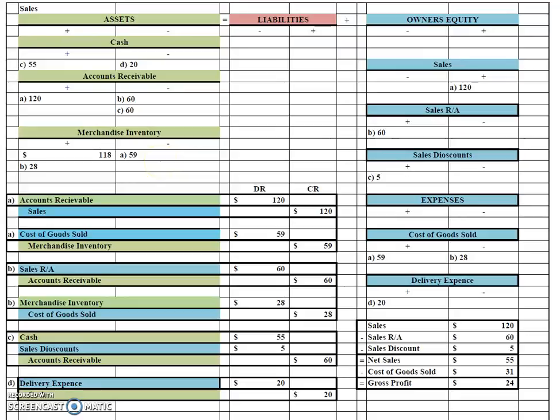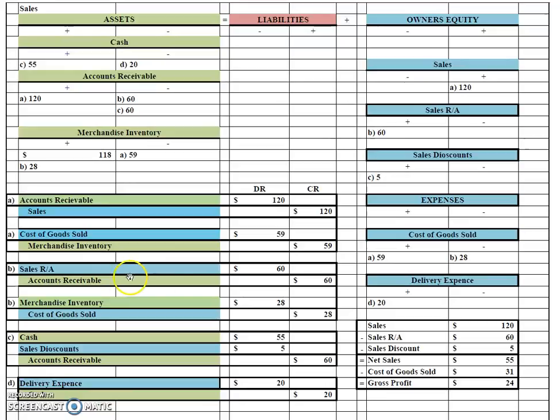Next, we have a sales return. We found that a customer returned some merchandise to us.